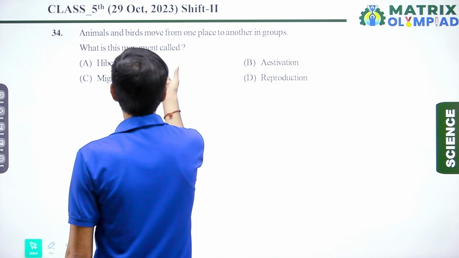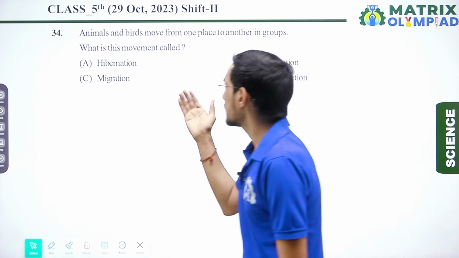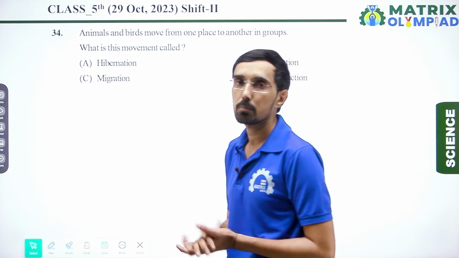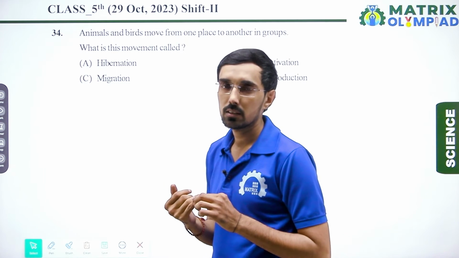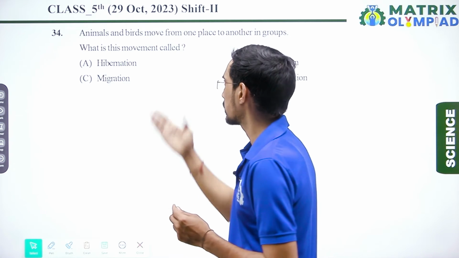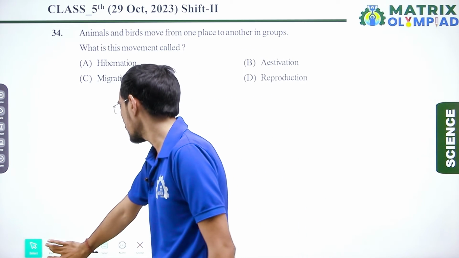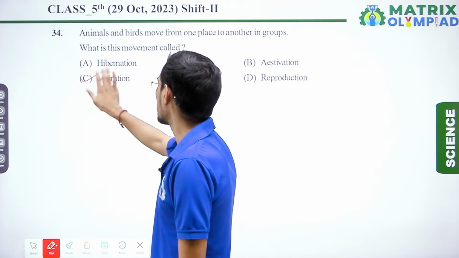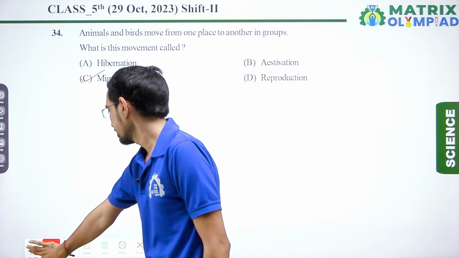What is this movement? Basically, these animals and the birds move for reproduction as well as for food as well as shelter. So our correct answer will be migration. So C option will be correct.